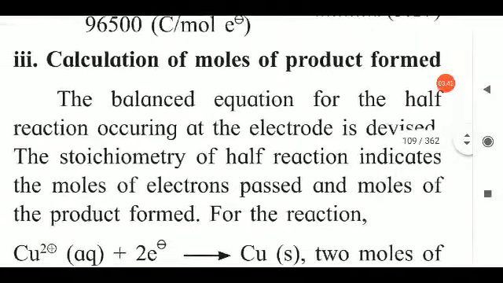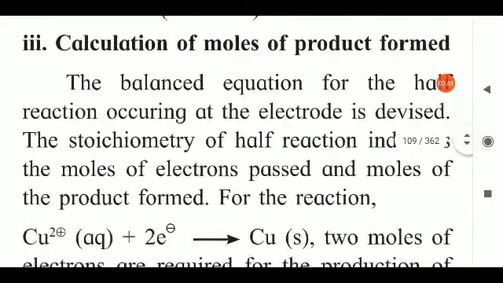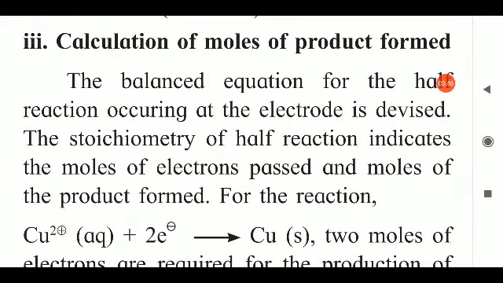After that, you have to go for the calculation of moles of product formed. All these steps are very important. The balanced equation for the half reaction at the electrode is devised. The stoichiometry of the half reaction indicates the moles of electrons passed and the moles of product formed.